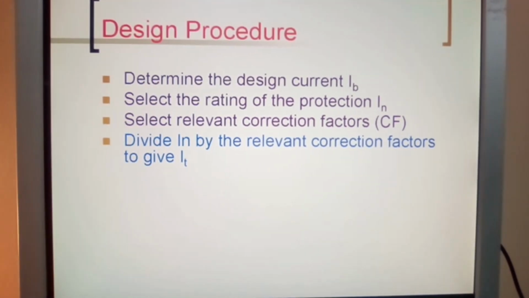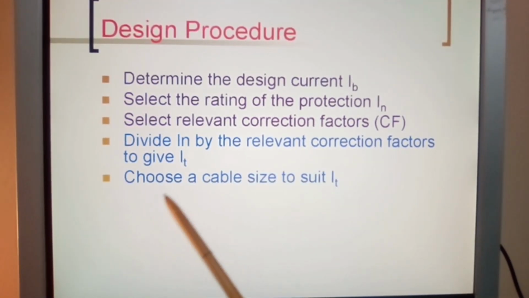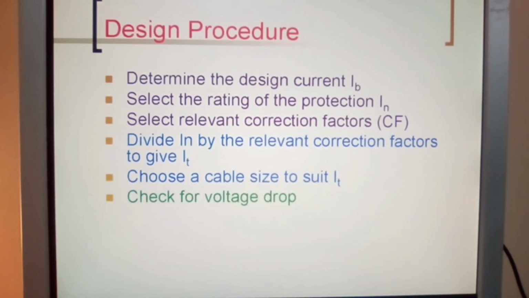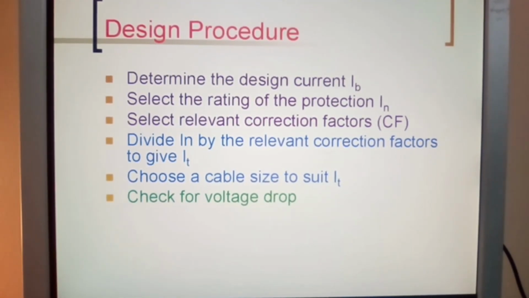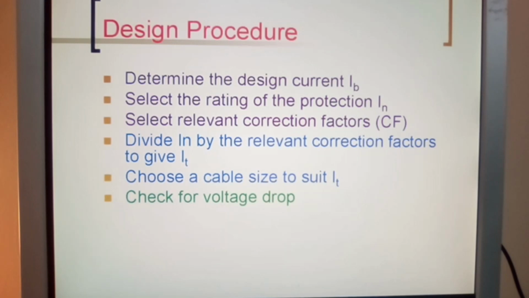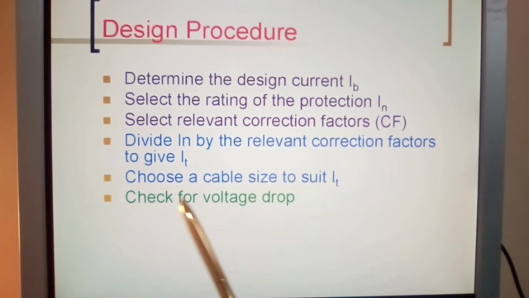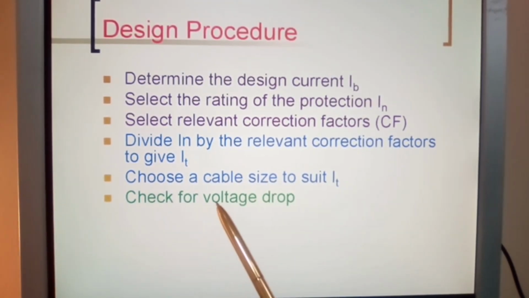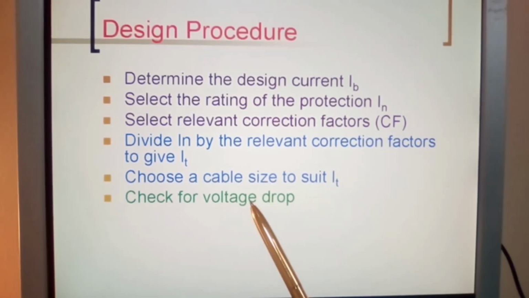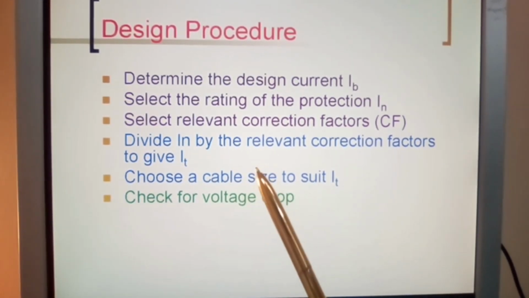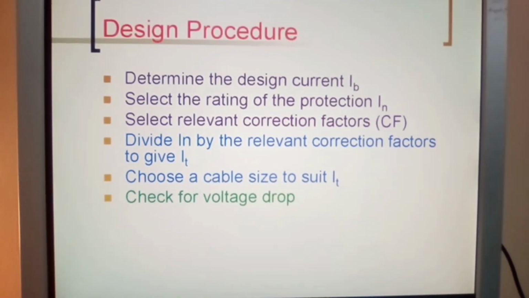Choose a cable size to suit IT. Check for voltage drop. And again, always check with the IEE regulations that the percentage of voltage drop is at the current rated percentage for the period of time in respect of the relevant edition of the IEE regs.